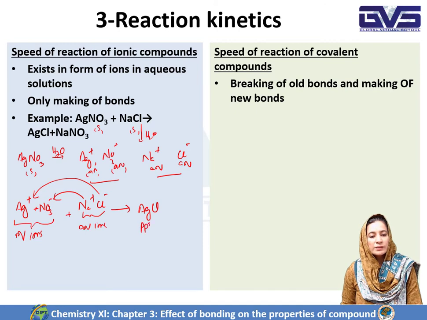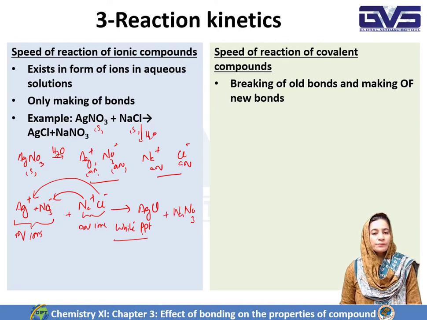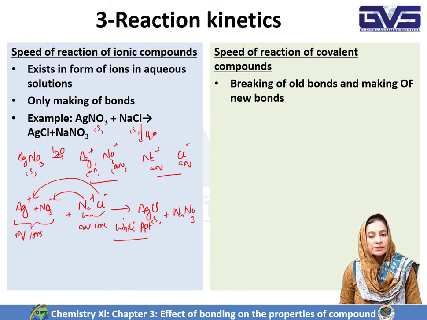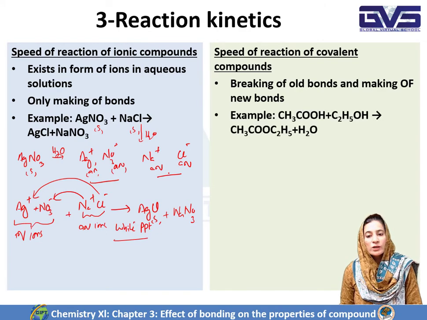A white precipitate is formed in the reaction mixture, a white solid, and there is also formation of sodium nitrate. These are ions, in the form of solute. So in this process only the making of new bonds occurs. So the process is fast. While in the case of covalent compounds, first old bonds are broken, then new bonds are formed.